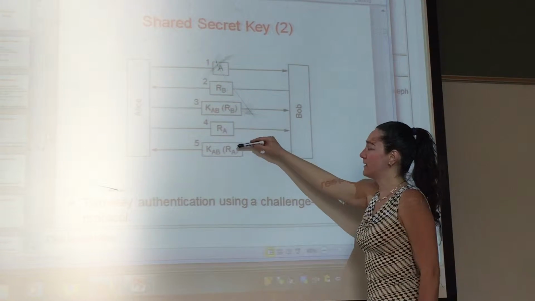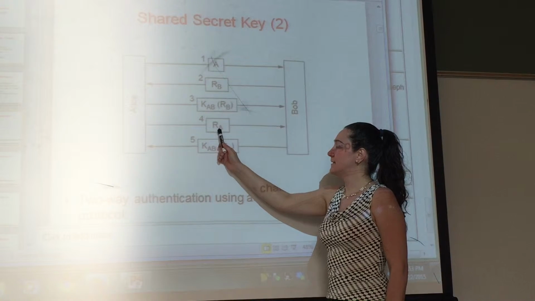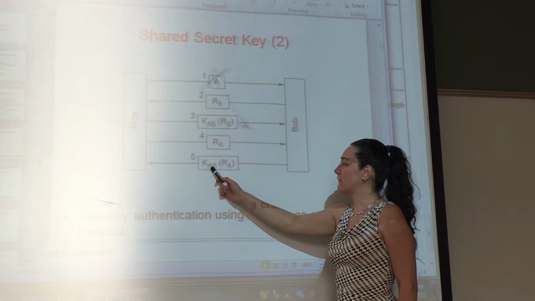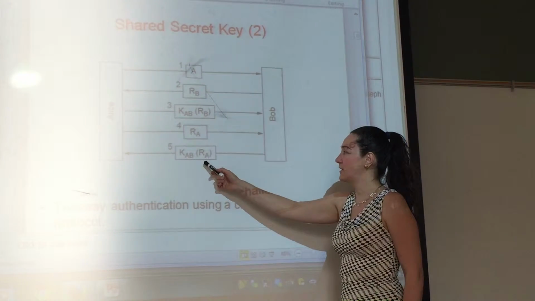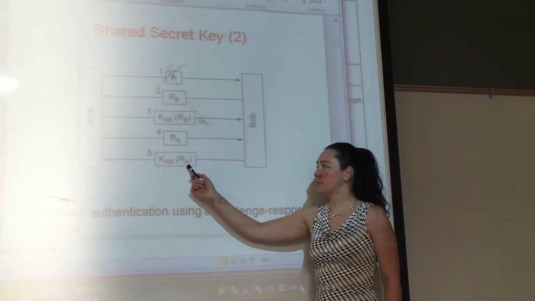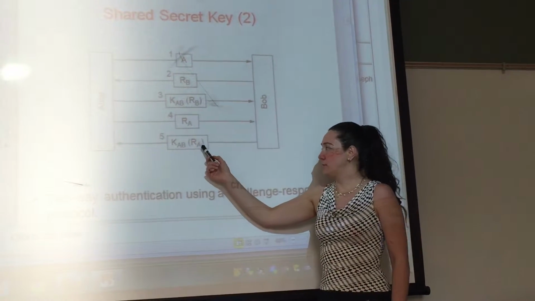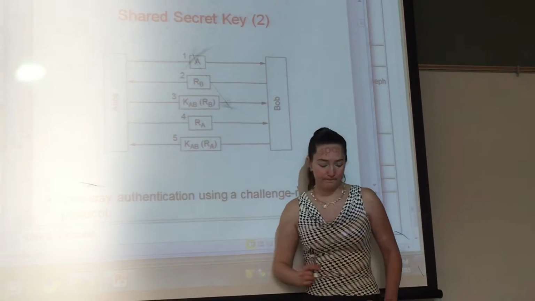Same situation with Alice. When she gets the response back from Bob, it's encrypted with a shared key. And she can decrypt it using the same key, because it's a symmetric key, and obtain back her random number.